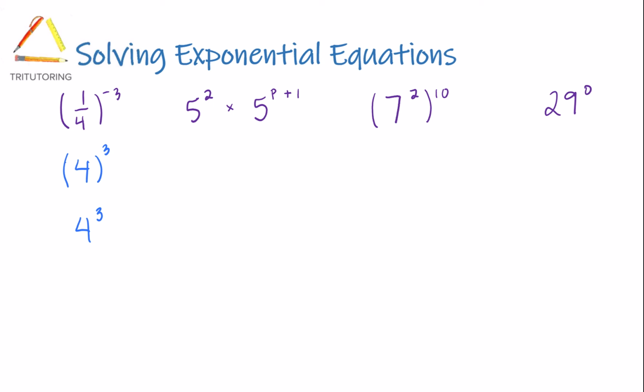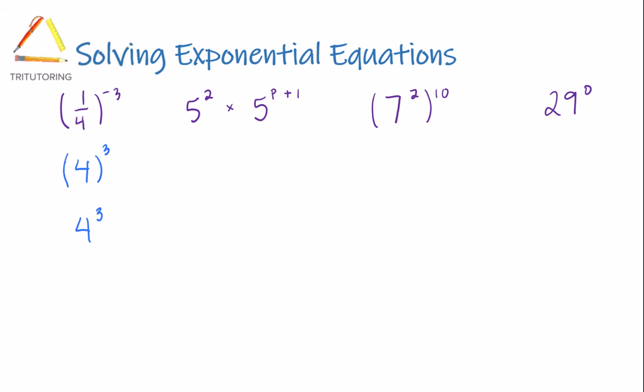On the next one, we have 5 squared times 5 to the p plus 1. If you are multiplying the same base, so the base number here is 5, it's that big number in your exponential setup. If I'm multiplying the same base, then I can actually add together the exponents.